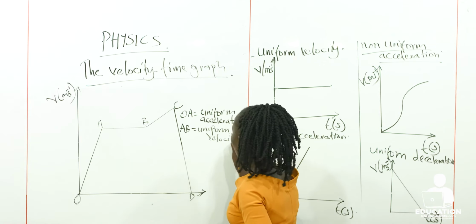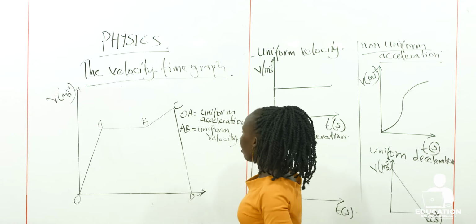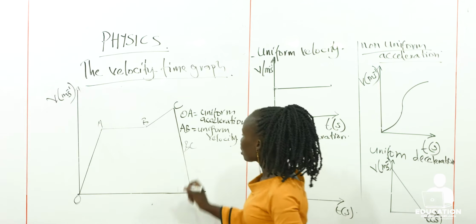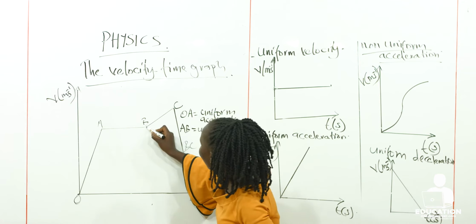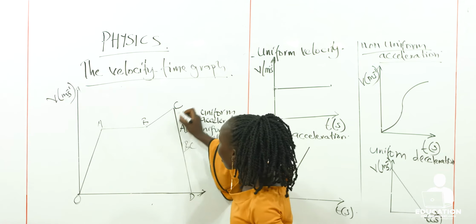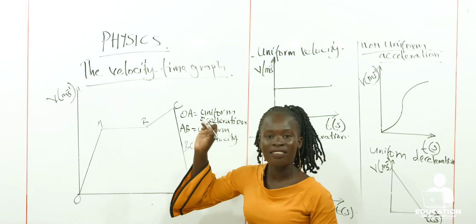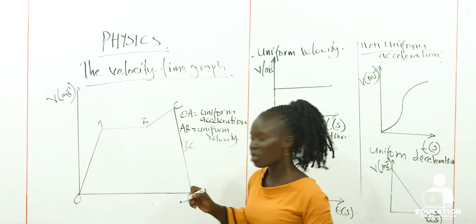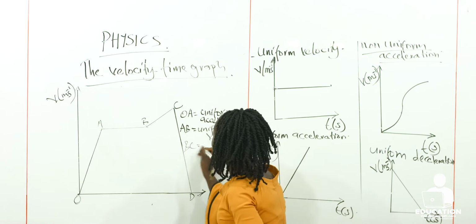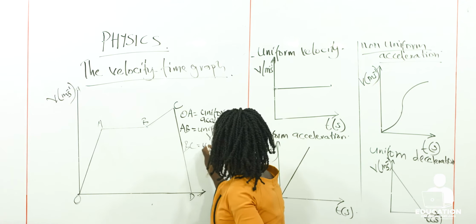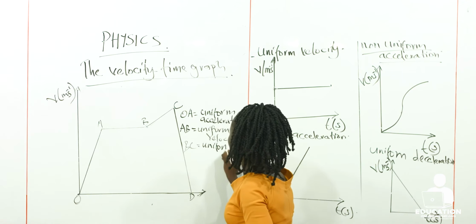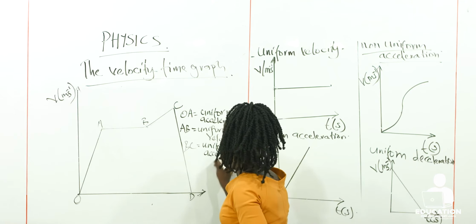So what happens when the body moved from B to C? From B to C, you see that this one here is another line that is moving upwards, and we say that when it is moving that way, that means that the body has been accelerated again uniformly. So you see that this one here, the body has uniform acceleration.